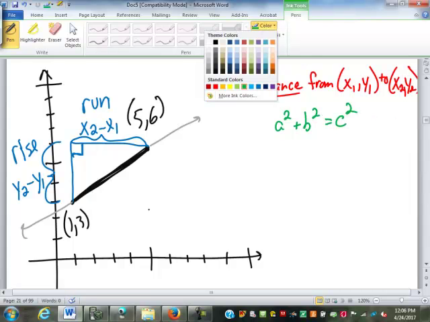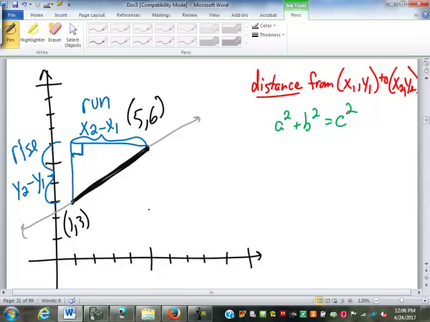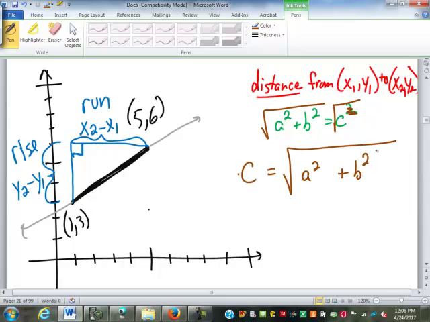Only I'm going to rearrange this a little bit. I am going to take the square root of both sides. So c is equal to the square root of a squared plus b squared, where c is the distance between those 2 points.